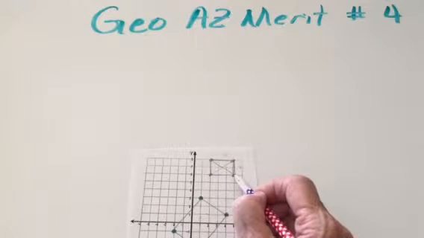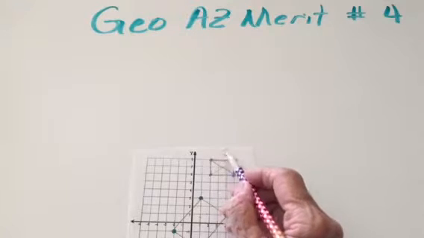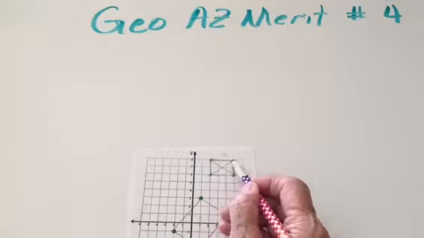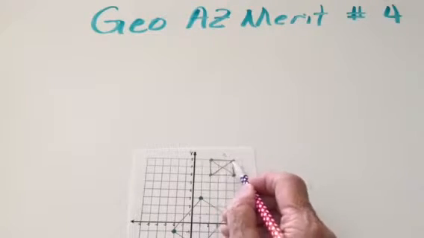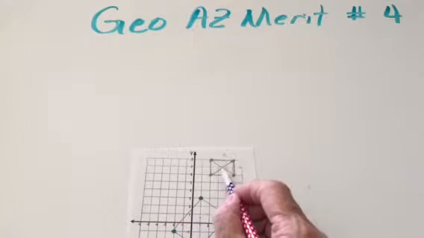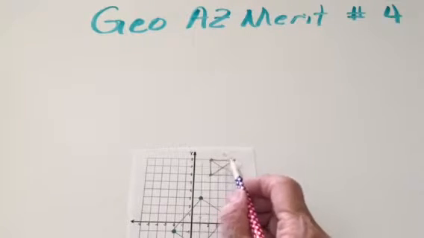Now, you could figure that out using the distance formula. But why would you? This is 2 by 3. That means that diagonal is right there. And this is 2 by 3. Well, the diagonals have to be the same, Pythagorean theorem. So if it's a rectangle, the diagonals have to be the same.